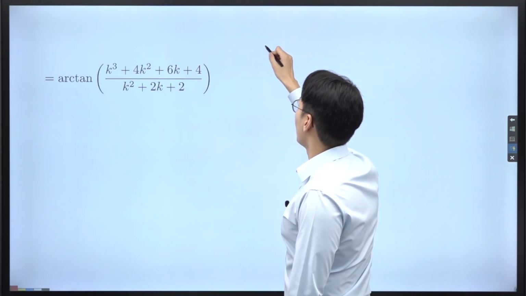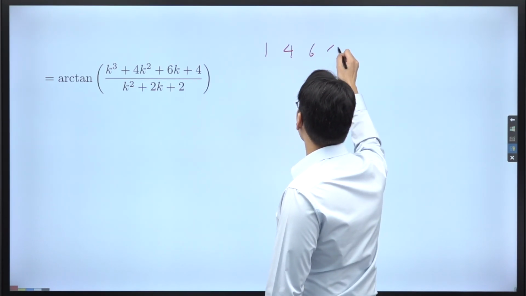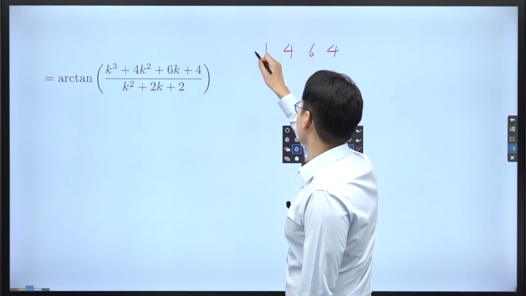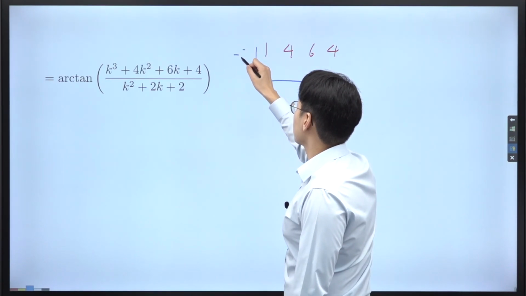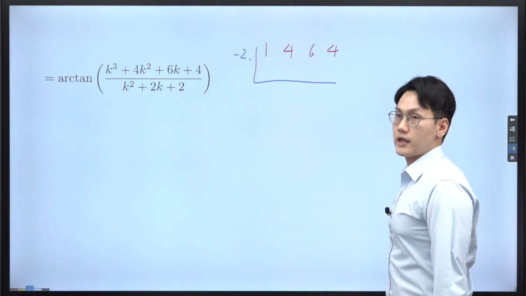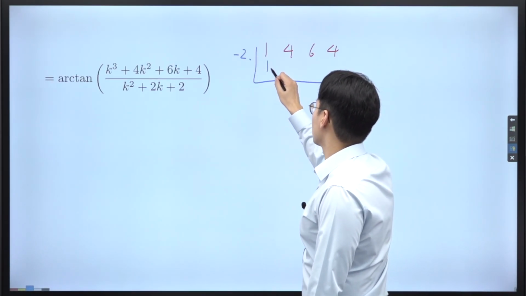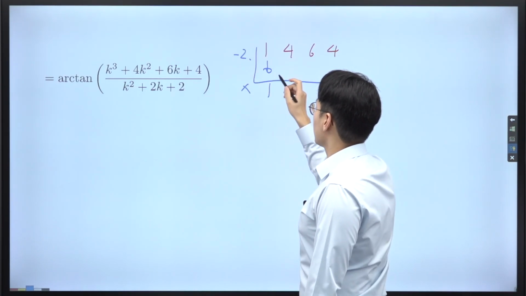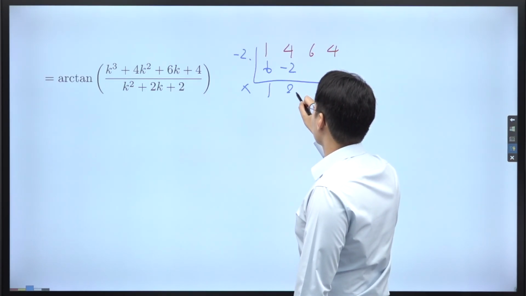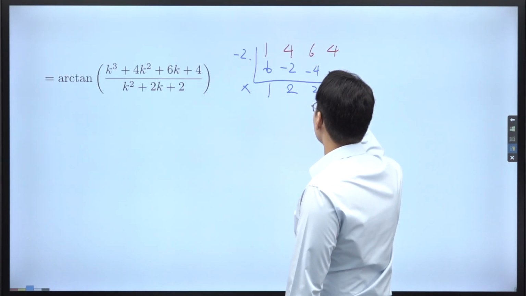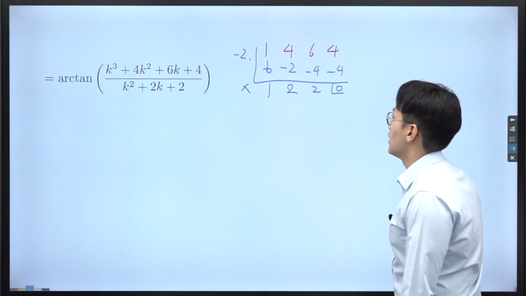So if I have 1, 4, 6, 4, and knowing k plus 2 is a factor, it must have a root of negative 2, and I can do the synthetic division. So 1, and I'm going to multiply by negative 2: 2, negative 4, 2, negative 4, 0. Okay, that's great.